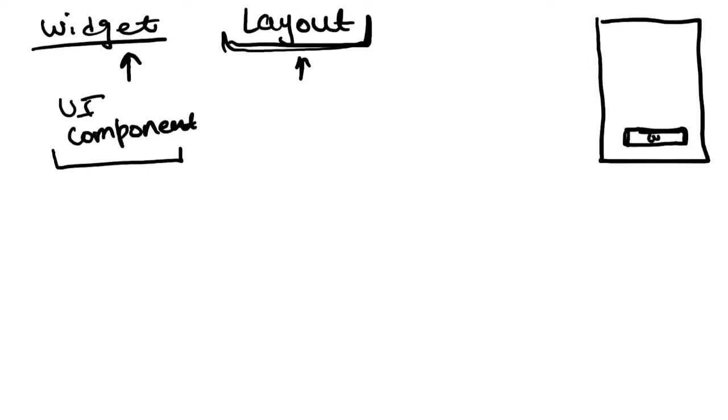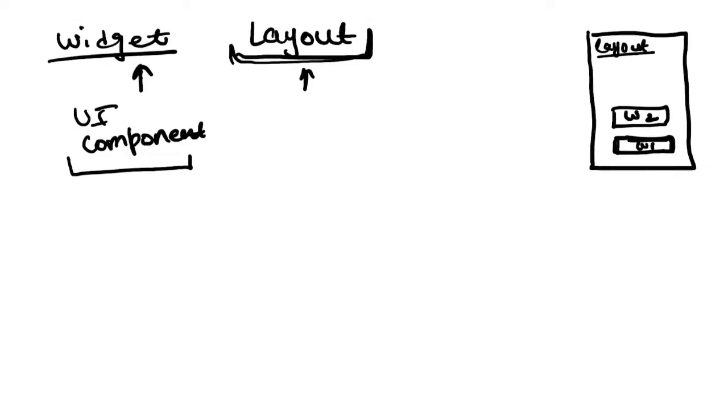Let's say this is widget 1, this is widget 2, and all of these are buttons. Within your page layout you can create multiple widgets. You can also have multiple layouts within the same page, but the idea is that these are two different modular components within your Kiwi framework.